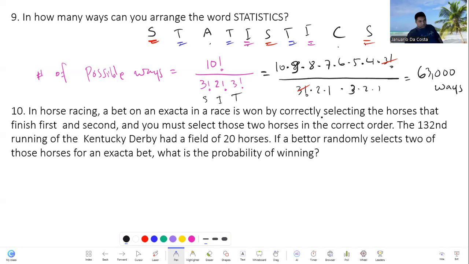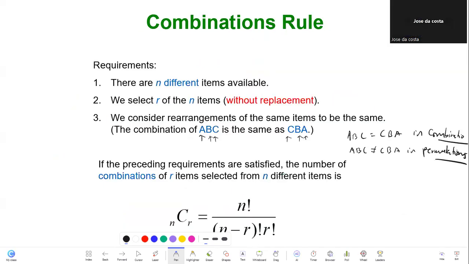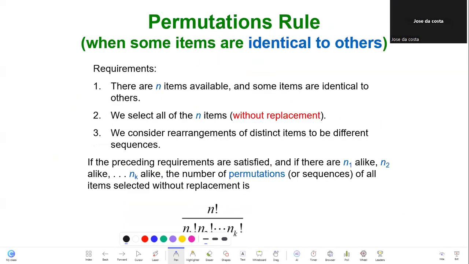Good question. Let me just go back to the definition. If the procedure requirements are satisfied, so there are n items available and some items are identical to others, we select all of the items without replacement.